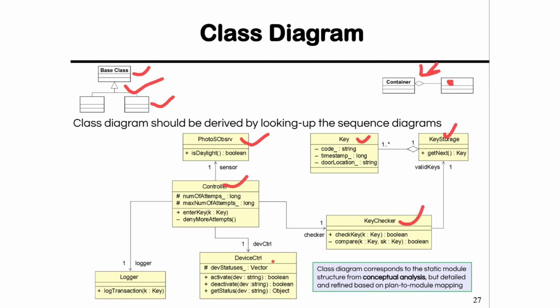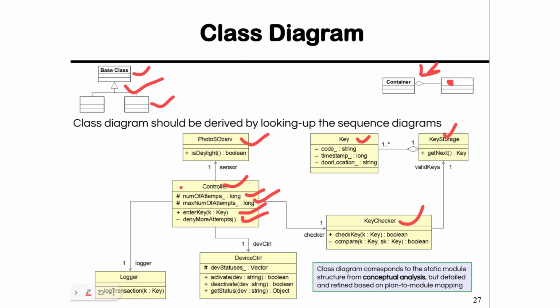But the level of detail of these objects identified in class diagramming is higher than the detail of objects in the sequence diagram. In the realm of object orientation, an object or a class is a combination of state and behavior, right? If you see, for instance, the controller here, it has state, which are attributes, and behavior, which are methods.